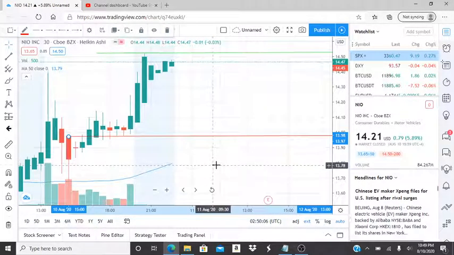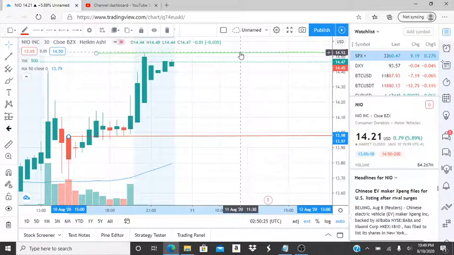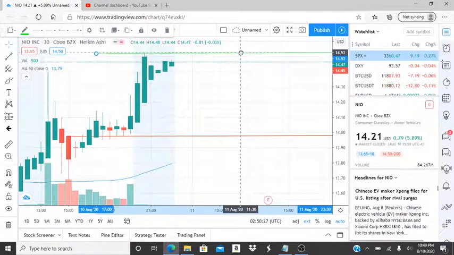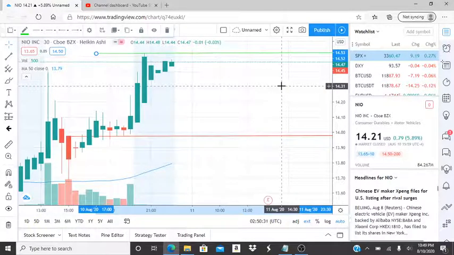So the 50-day moving average is 13.79. See if I can land right on it. As long as it stays above it, bulls are in full control and in full health. This closed out at 14.47 and it hit highs of, let's see here, that is a resistance of 14.53.